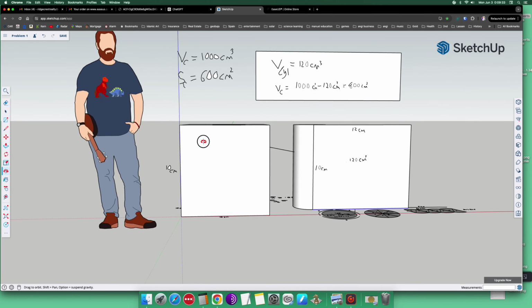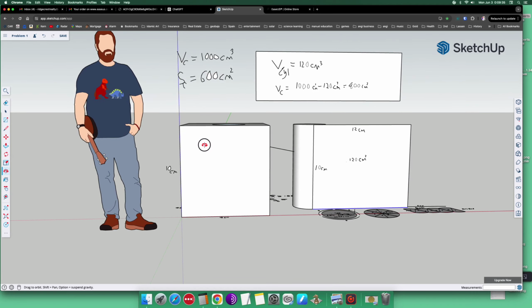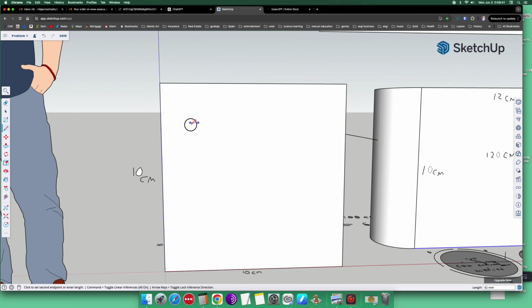When we're talking about the total remaining surface area, we have the surface area of the whole cube, and then we're going to have to subtract the caps.